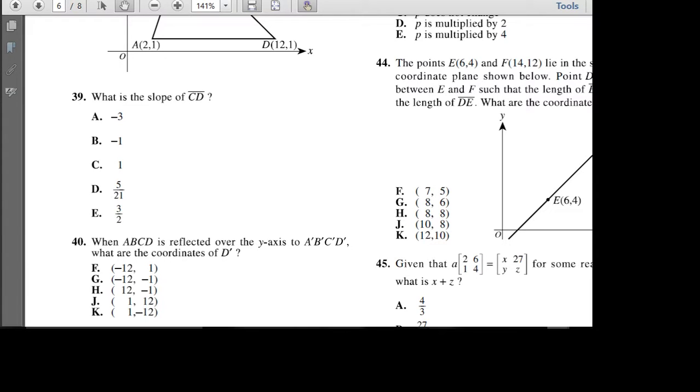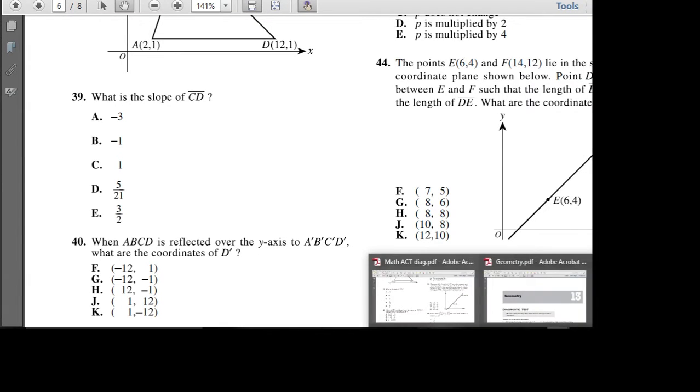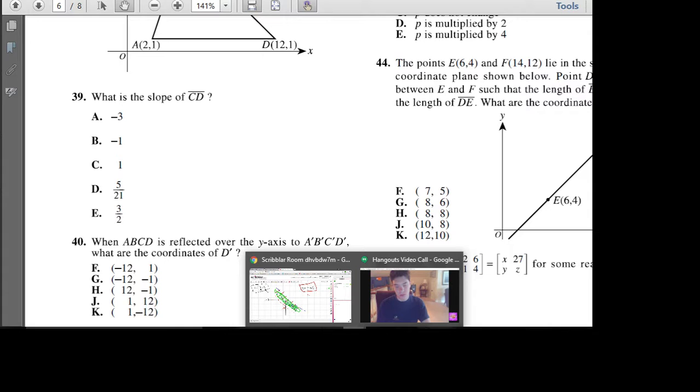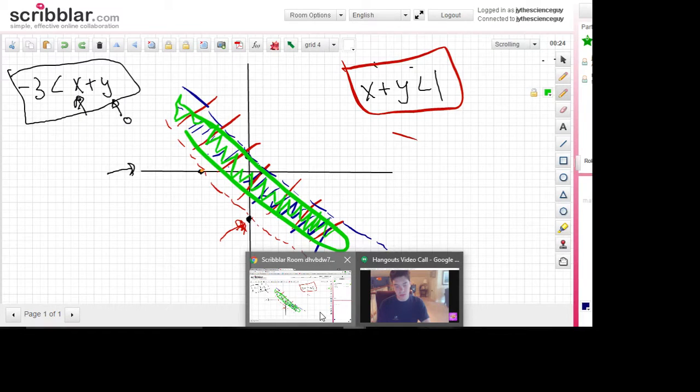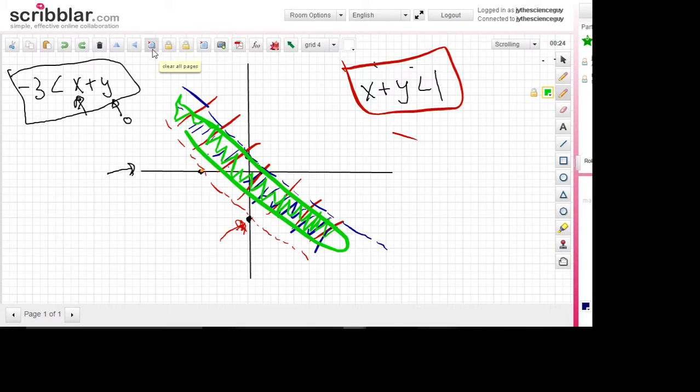Okay, let's do this. So I think you missed 42. Okay, so I'm going to draw a shape.